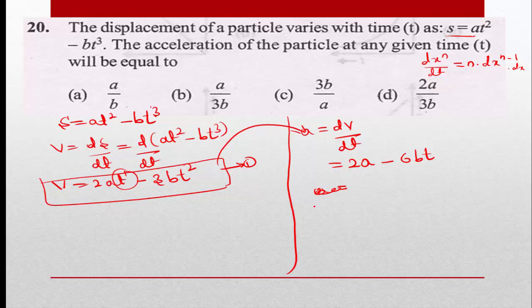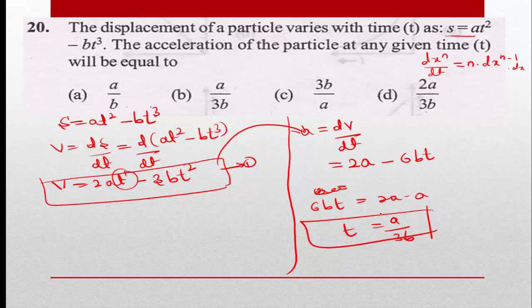Or we can write this equation as 6bt is equal to 2a minus a, so t is equal to a divided by 3b. T is equal to a divided by 3b.